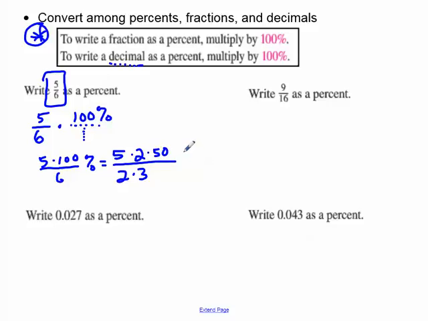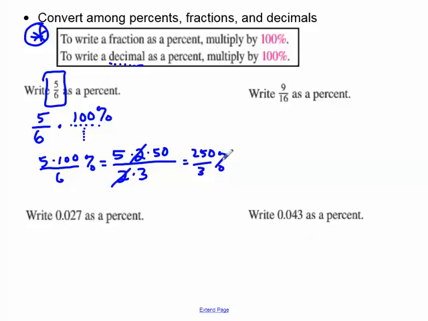Keep the percent; we'll include that in just a second. 5 times 2 times 50 over 2 times 3 percent. Look to factor out, cancel, reduce, simplify. 2 divided by 2 is 1. I've got 5 times 50 over 3 equals 250 over 3%.